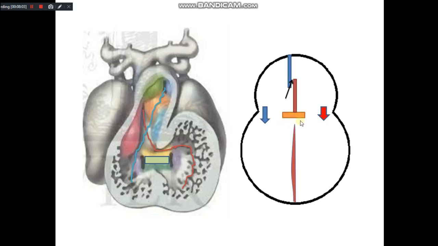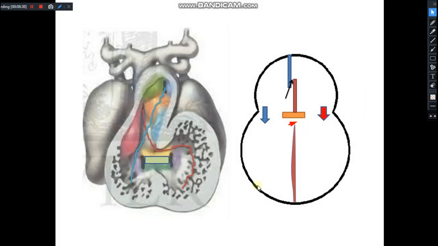This is the interventricular foramen, through which there is shunting of blood from the right ventricle to the left ventricle during fetal life. Indicated by this red arrow, you can see the shunting of blood from the right ventricle into the left ventricle.